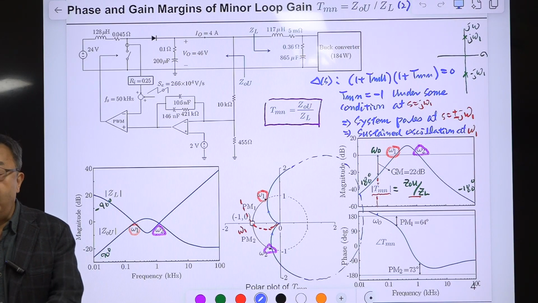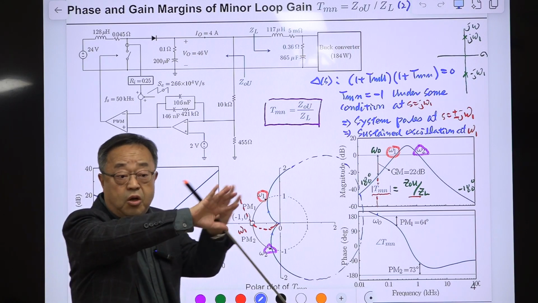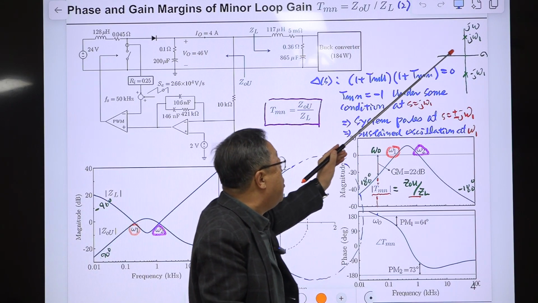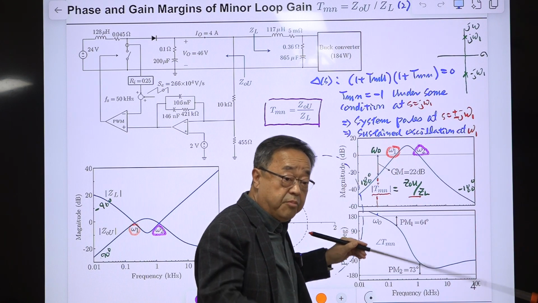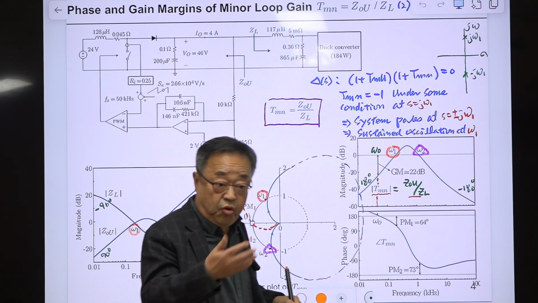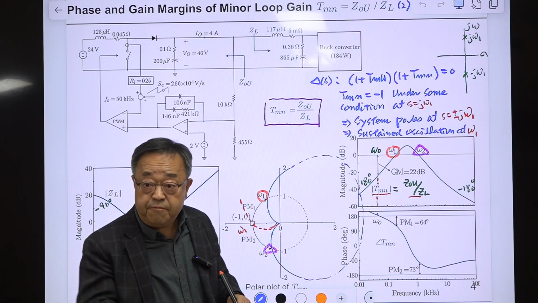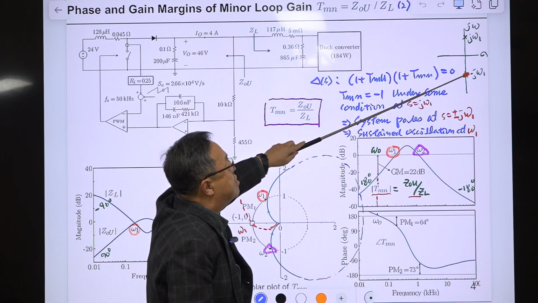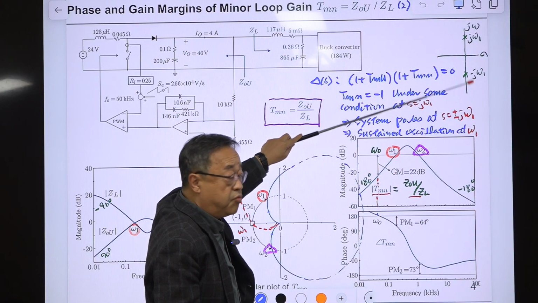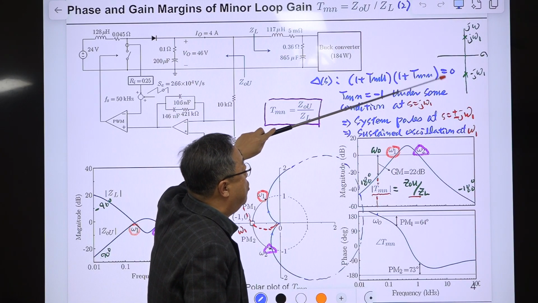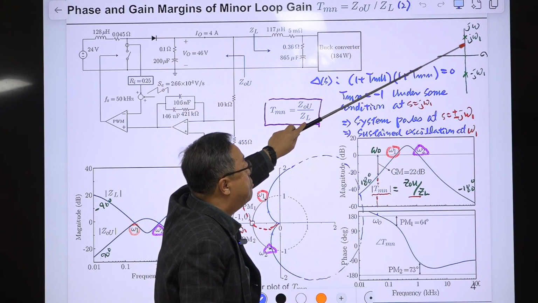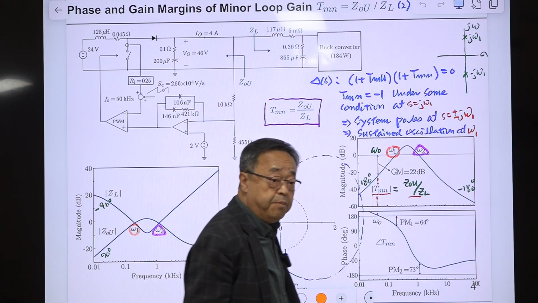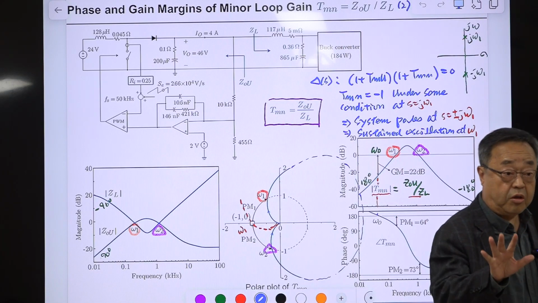We are thinking about the general complex number, so this can be plus or minus. But in the real world, we only have positive frequency. So if there is a pole, then there should be another pole, because the root of this characteristic equation is a complex number, so you should have a complex conjugate pair.